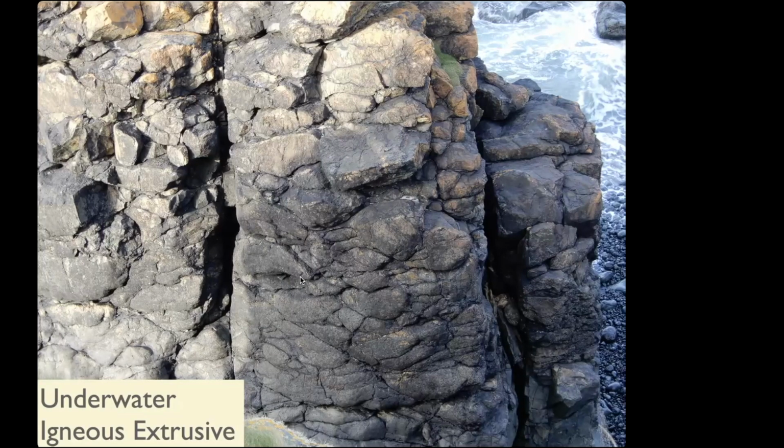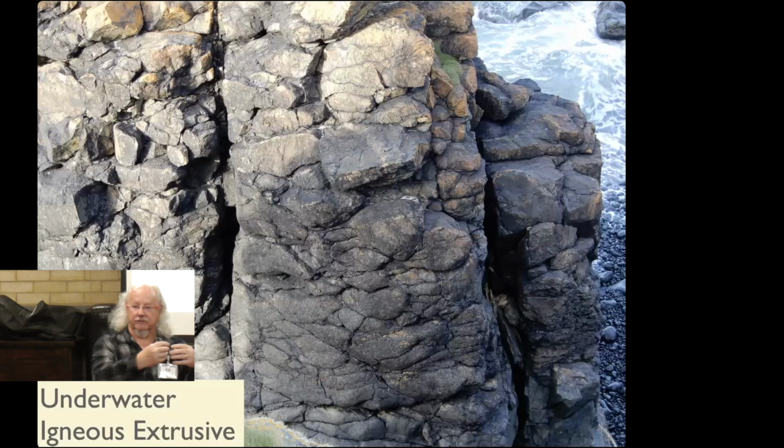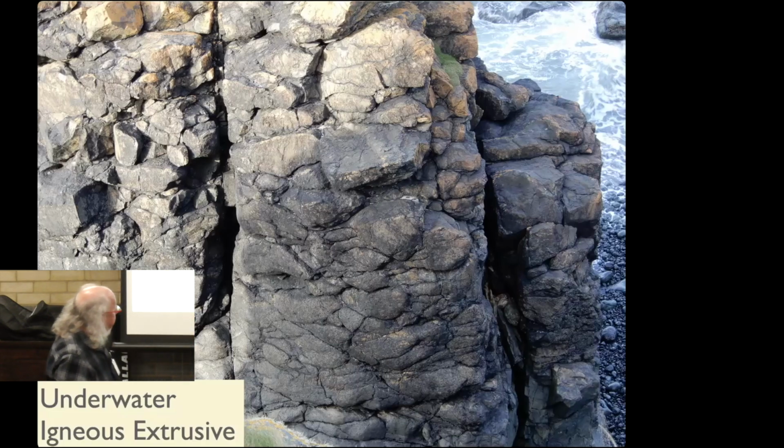It's just ordinary basalt, but the pillows form. I'm sure you've all seen the pictures of lava being erupted underwater, and of course the water chills it, and then it breaks through and forms another pillow, and so you get this particular facies. So that's Devonian pillow basalts.